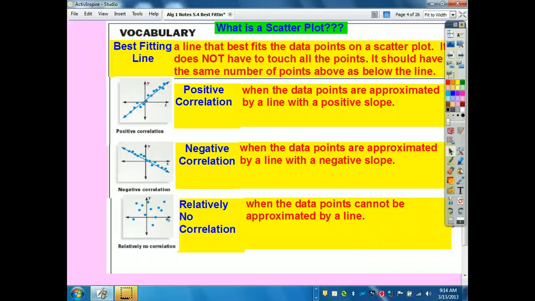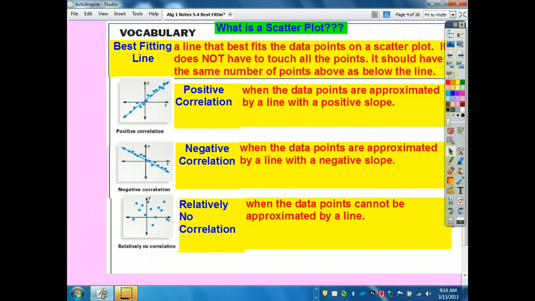Like when we graphed our linear equations, we'd make 3 or 4 points and they would all line up and touch the line. When we do these today, they're not all going to be touching the line. You're going to have to put the line in there somewhere that represents the best possible way. You want to try to get it in the middle of all the points.